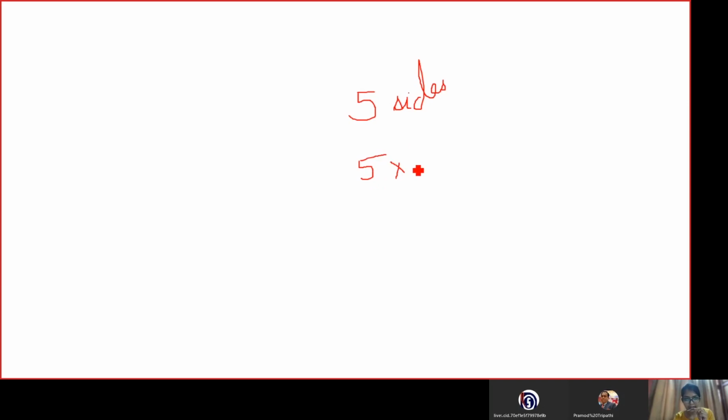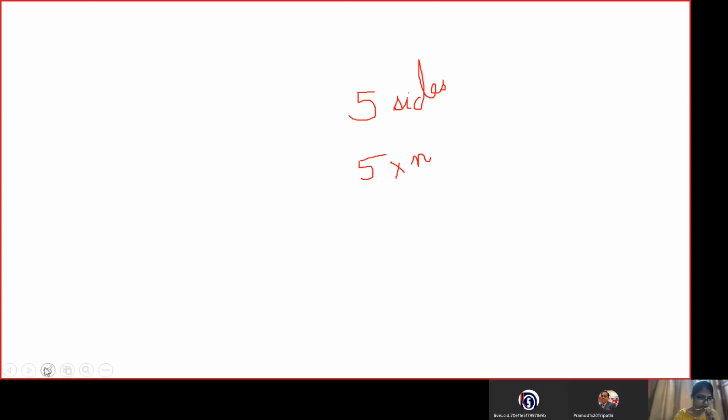If the side is 10 centimeters, then the perimeter will be 5 into 10, that is 50 centimeters. If the side is 21 centimeters, then it will be 5 into 21, that is 105 centimeters, and so on. Okay, shall I move on? Yes, ma'am. Thank you, sir.